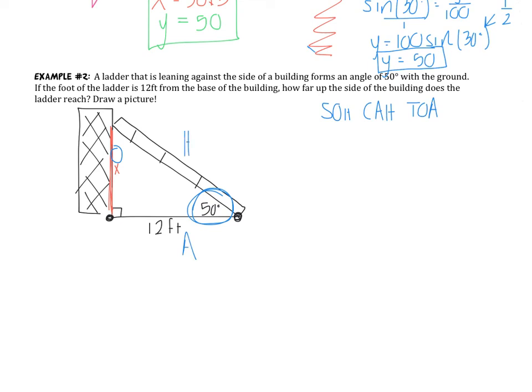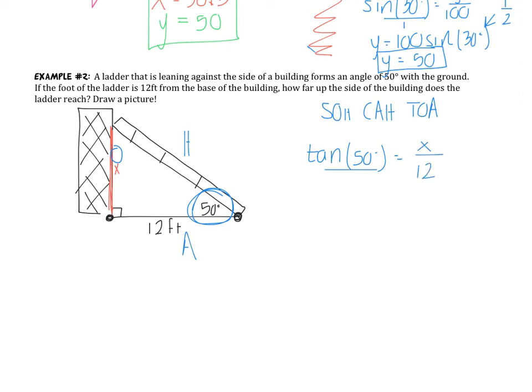Compared to example 1, I don't know the hypotenuse this time, so I'm not going to use it in my trig function. Instead, I'm going to use O over A, my unknown over 12, which is tangent. So tangent of 50 degrees is going to equal x over 12.